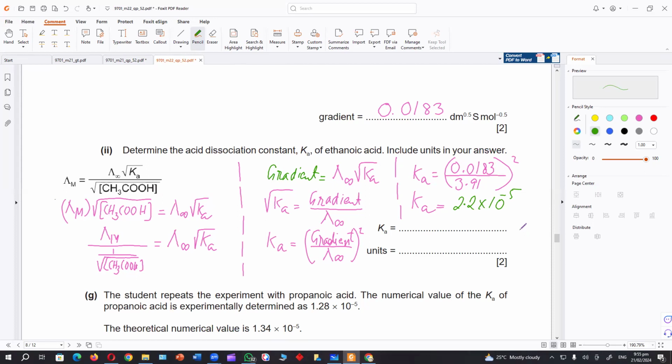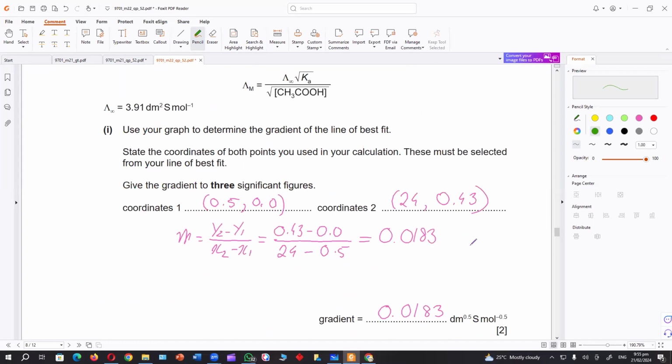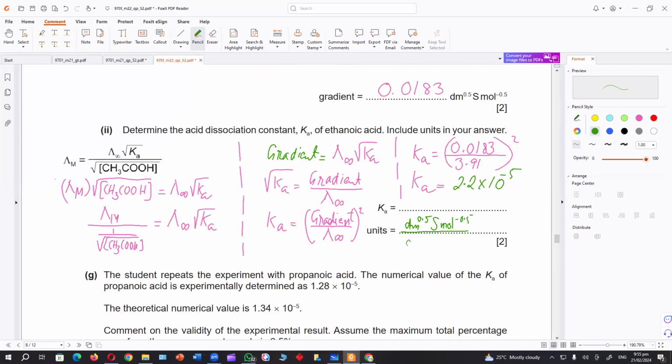The unit for gradient is dm 0.5 s mole minus 0.5, over dm square s per mole.